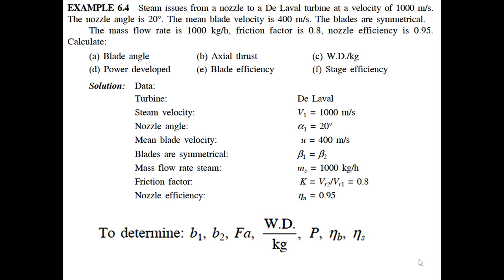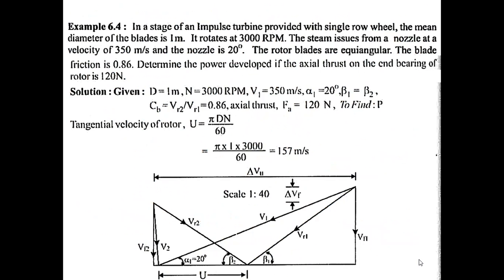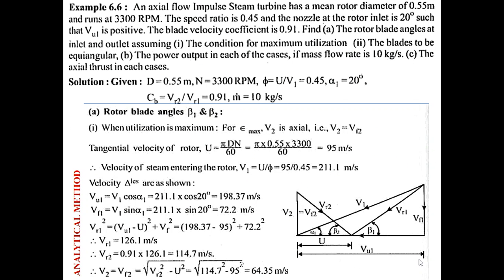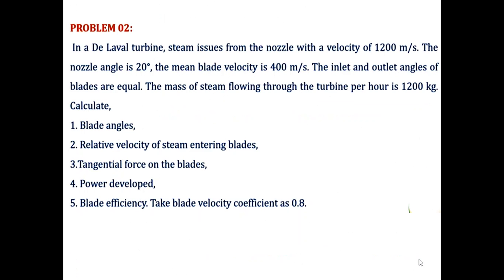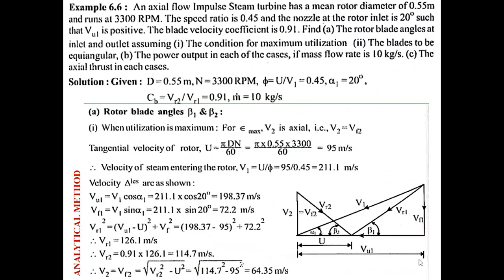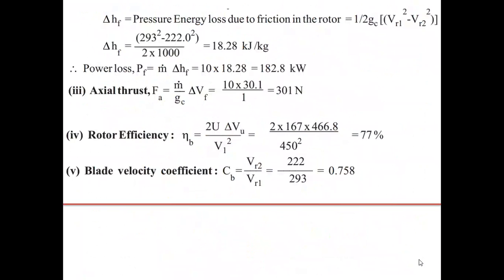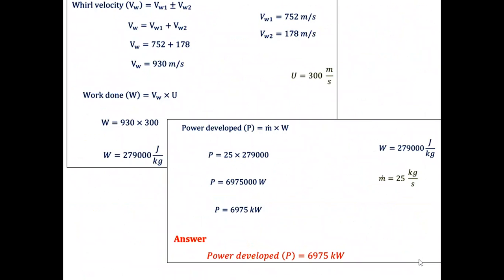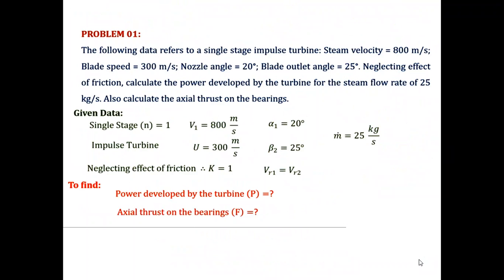Next problem: in a stage of an impulse turbine, only one stage. An axial flow impulse steam turbine has a mean rotor diameter and speed ratio given, but only one blade and one nozzle. All these problems are with reference to a single stage only. Is that clear? No multi-stage problems. If you refer to any books, don't refer to multi-stage problems.